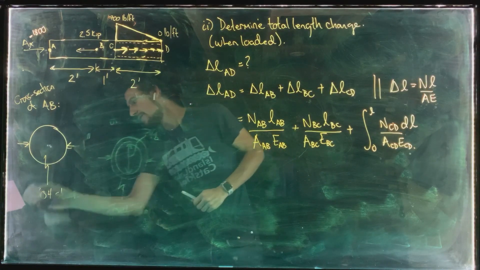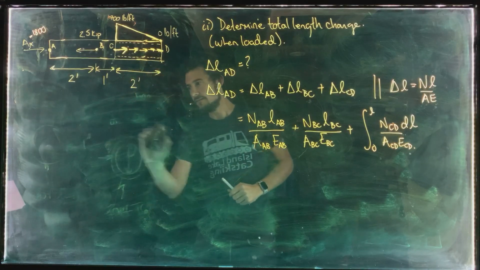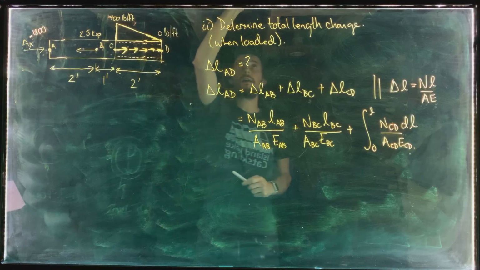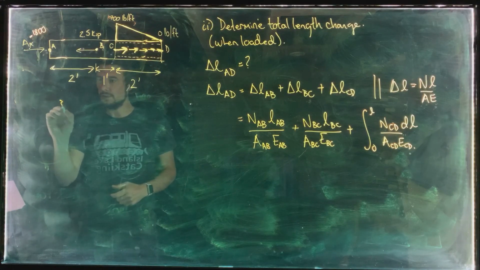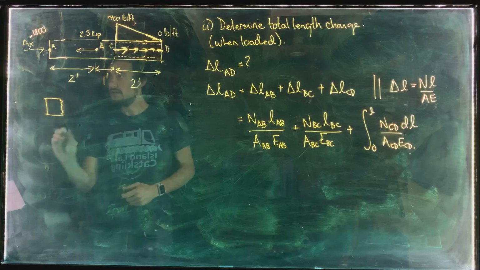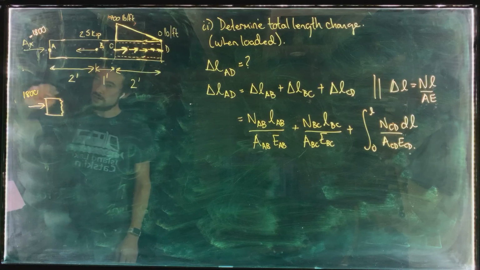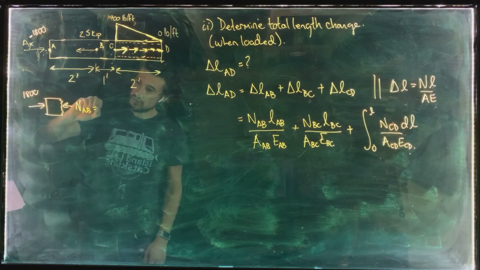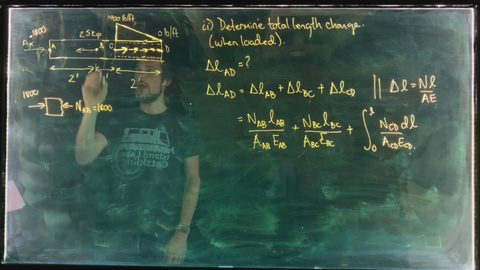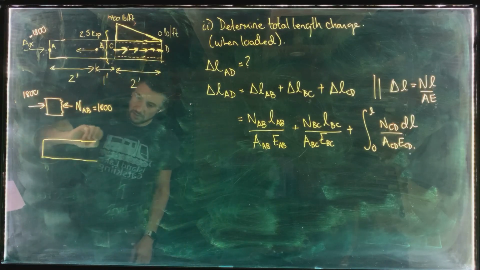So I'm going to just erase this stuff down here for a second and draw those section cuts just very quickly again on the glass here so that we have them to refer to, okay? So this one was 1800 here, and then we had NAB here, which was 1800, and then we had another section cut already done over here.